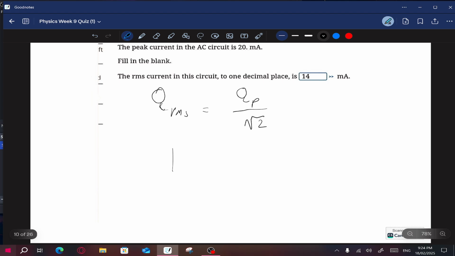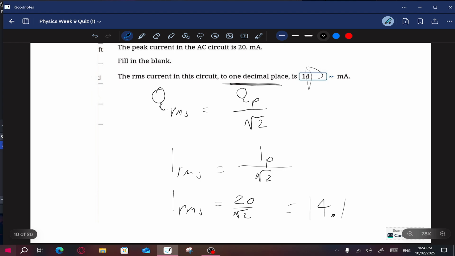So IRMS, RMS means root mean square, by the way, is equal to the peak current over radical 2. So IRMS is simply equal to 20 over radical 2. You do this on a calculator, and 20 over radical 2 gives you 14.1. So the actual answer is 14.1 because they wanted decimal places, but I'm assuming they do accept 14 since it's in the answer key.